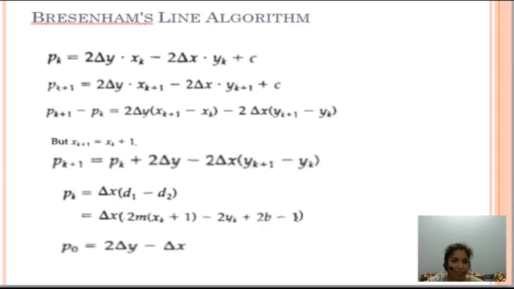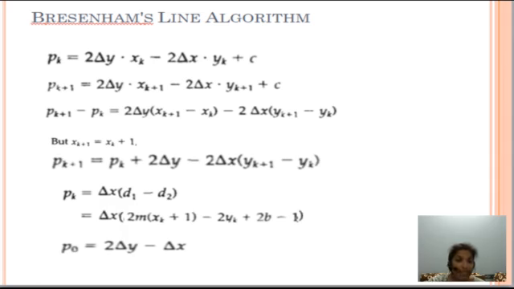Now the next step is pk+1 - pk. When we subtract pk from pk+1, we get this equation: 2 delta y (xk+1 - xk) - 2 delta x (yk+1 - yk).